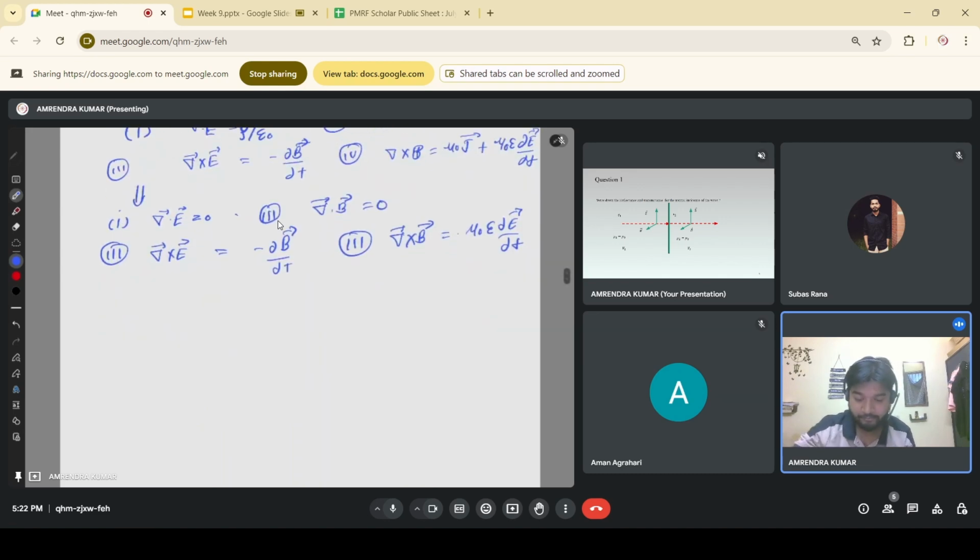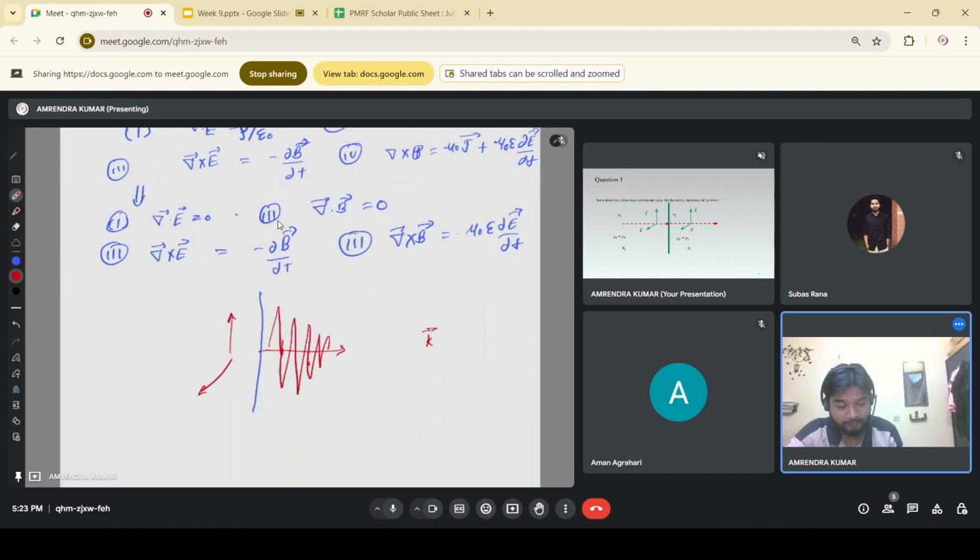Now what do we have to write? So what we have here is this electric field. This is the propagation direction. So at this boundary, we have the electric field and magnetic field. A transverse wave means the propagation direction k and the oscillation direction are perpendicular.